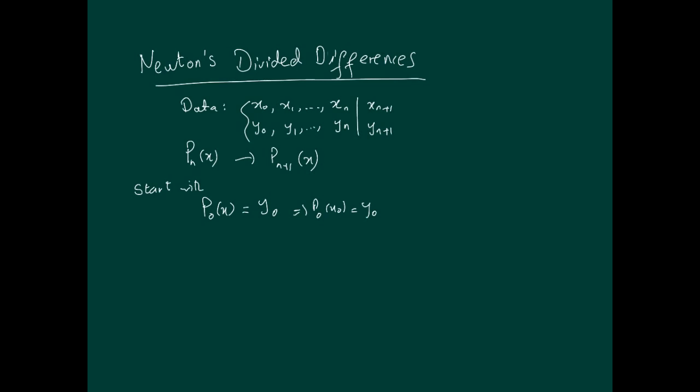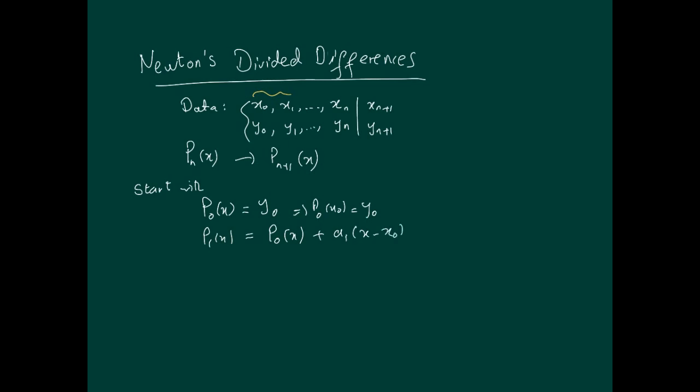So let's say we move to, now this was just one data point, let's say we move to 2 data points. So if we have 2 data points, then we would have P1 of x, and the way we will design it, we'll say it's going to be P0 of x, the previous polynomial, which was from one data point only, plus some constant a1, let's call it, times x minus x0.